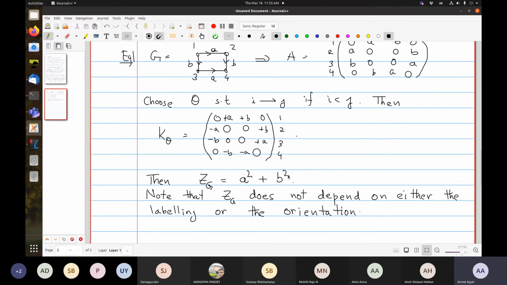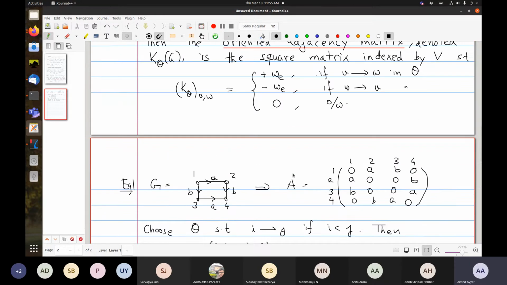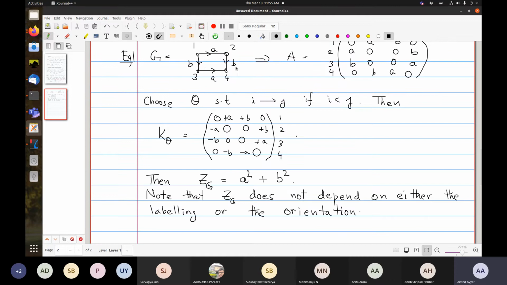Okay, but remember that for a perfect matching to exist, which is what we are going to be looking at, you have to have an even number of vertices. That's a necessary condition. Otherwise, how will you match all the vertices?